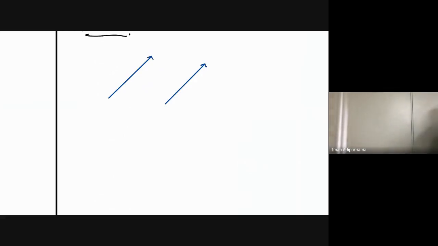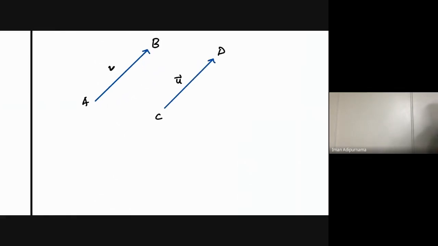For example, if you have A, B, you can describe this as V, that's fine. If you have C, D, let's say U, but with an arrow at the top, that's also fine. That's usually the common written expression of vectors.